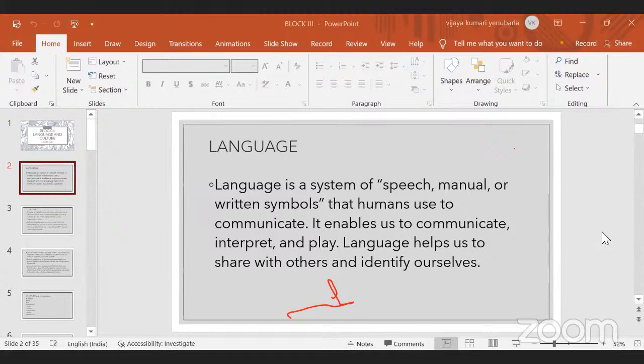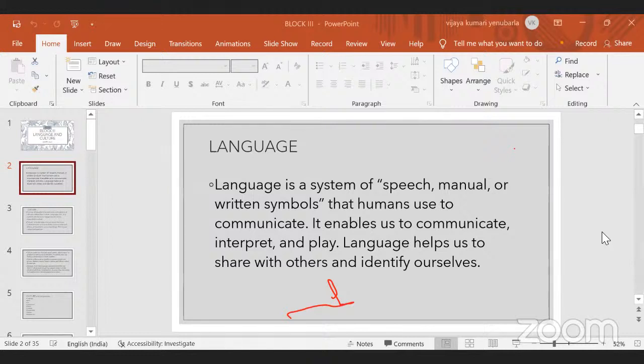In this block, we are going to deal with language and culture. We have finished language and communication. Today, we are going to learn a few things about language and culture. Let's have one single definition of language, which is a little different from the earlier class.